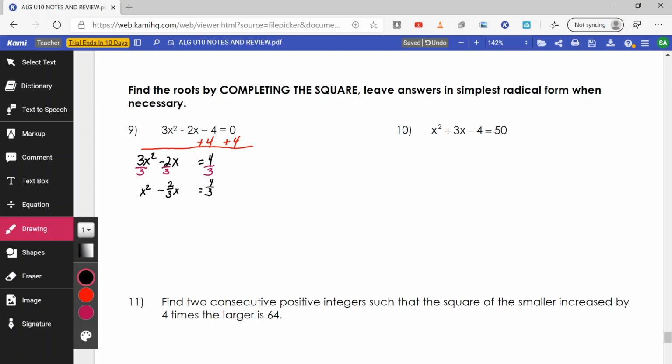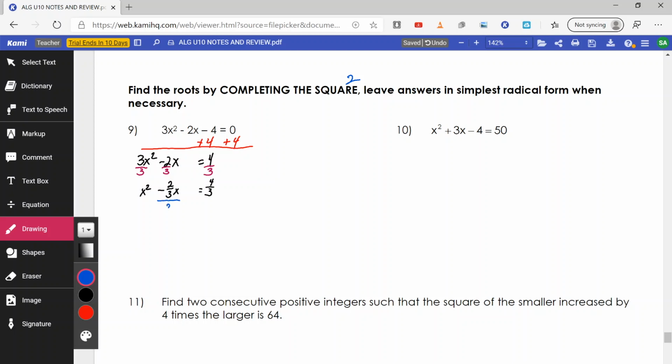So now we're in the correct format. We have x squared, x's are on one side, number is on the other. So now comes the part where we use the method known as completing the square. Whenever we square something, we square it using the number 2, so the 2 is going to be our magic number. Our second term in our problem, negative 2/3, will be cut in half.